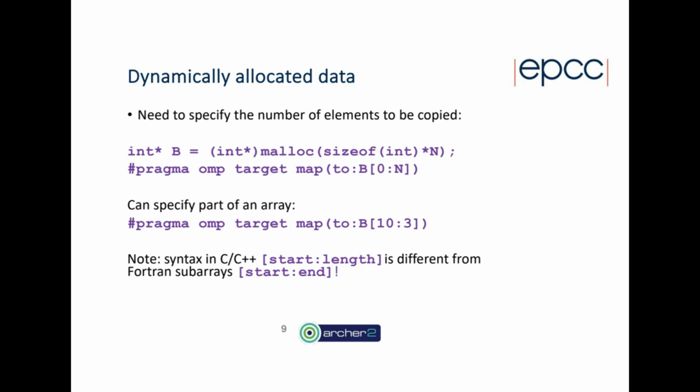Okay. So for dynamically allocated data, that works, but we need to specify the number of elements to be copied. And this is another case which, for C and C++, uses the special OpenMP subarray syntax.